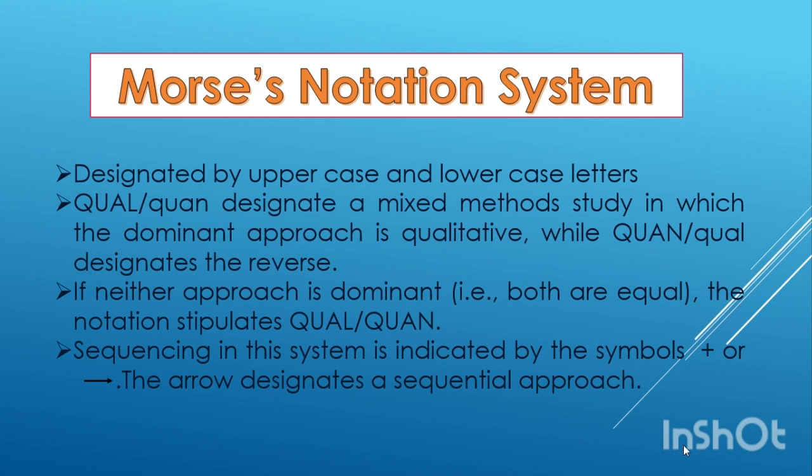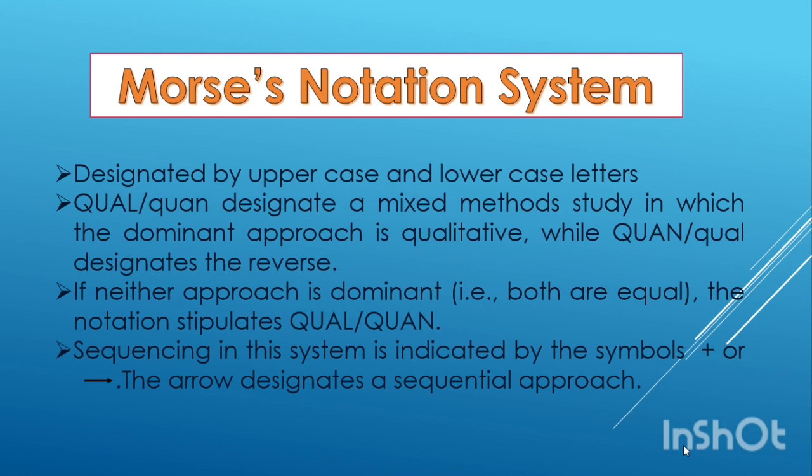As you can see, it varies on the upper and lower cases of letters. Pag naka-uppercase si qual, meaning mas gigamit nimo ang qualitative approach. Naagi pa ang quantitative, pero gamay ra kay portion sa study.